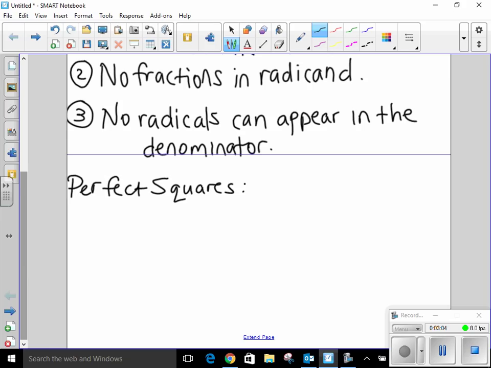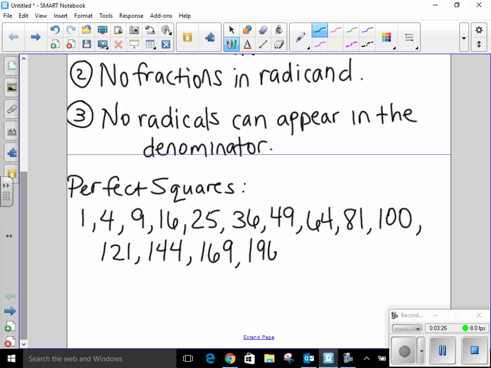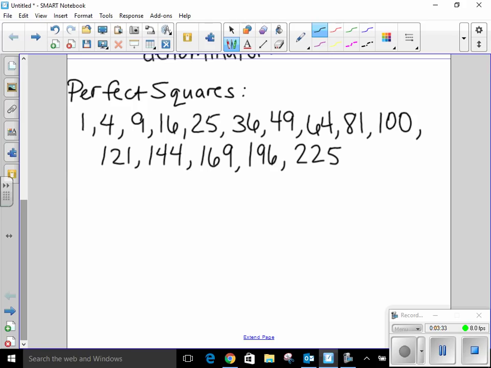So 1 is a perfect everything. 2 squared would be 4, 3 squared would be 9, then 16, 25, 36, 49, 64, 81, 100, 121, 144, 169, 196, and 225. And the list does keep going, but usually the first 15 are what you need because everything can be broken down using one of these 15 numbers. If you need more, you can always explore for more.